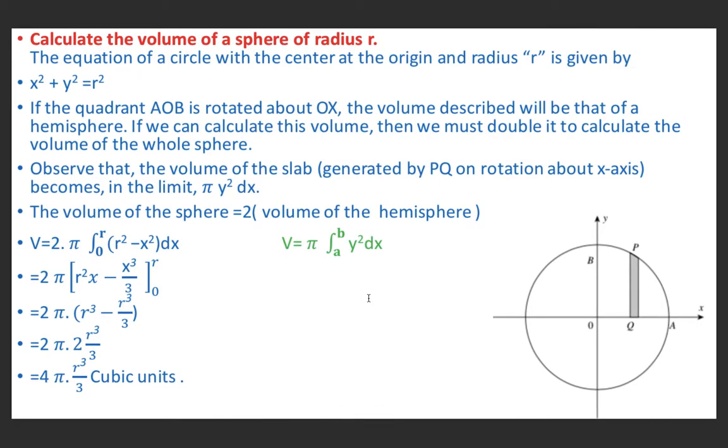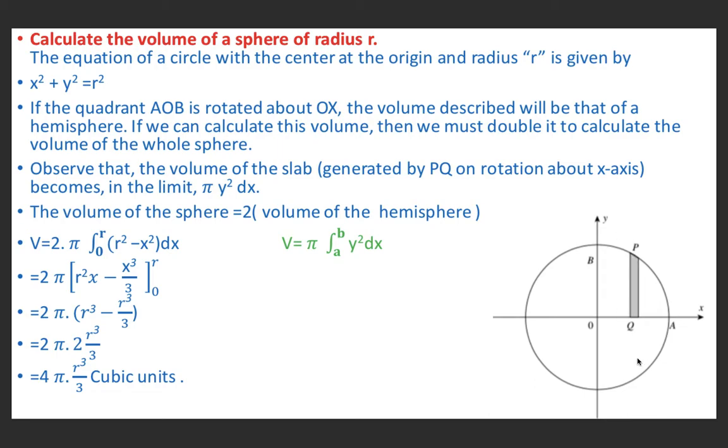Suppose, first of all, we calculate the volume of a sphere of radius r. We know that the equation of a circle with center at the origin and radius r is x square plus y square equal to r square. If the quadrant AOB is rotated about OX, then we get the volume of a hemisphere.